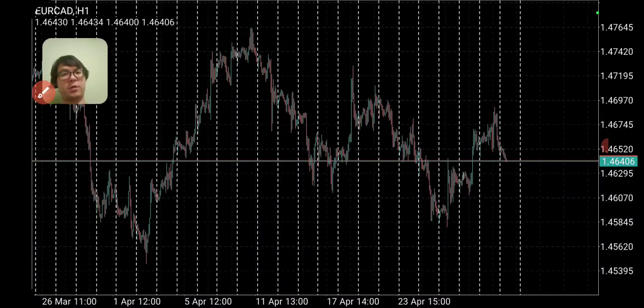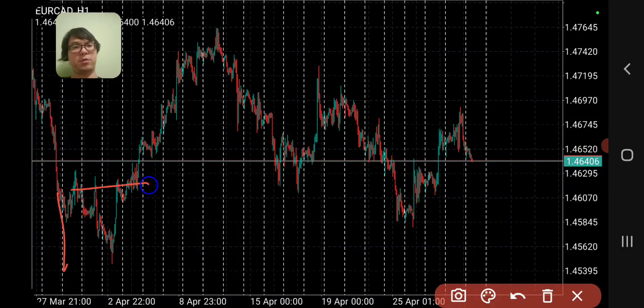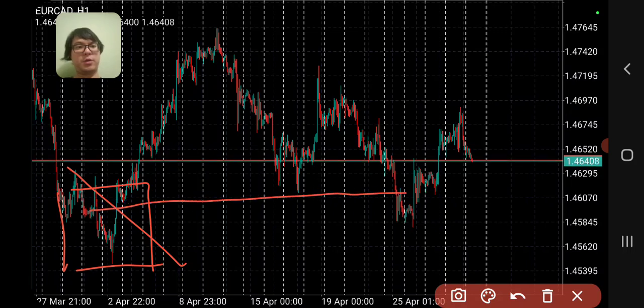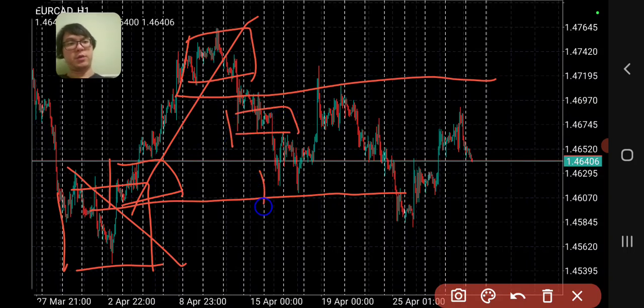Let me adjust a little bit. Okay, for the dimension 1, we got a bottom create, trend line break, support, dimension 2, going up, dimension 3, trend line break, resistance, and the support dimension 4, dimension 5.